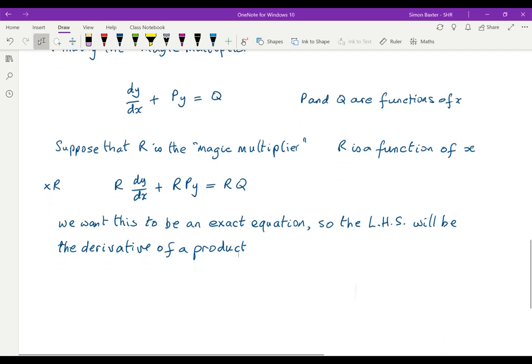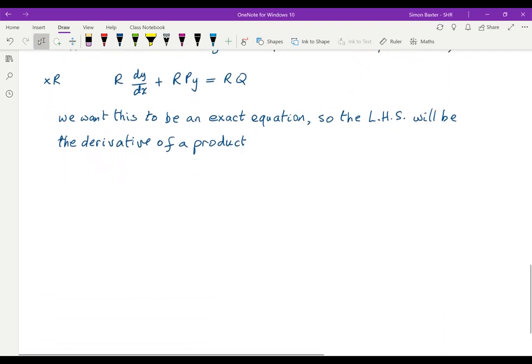So let's have a look at that. D by dx of ry. And that must be equal to the left-hand side, which is r dy by dx plus rpy.